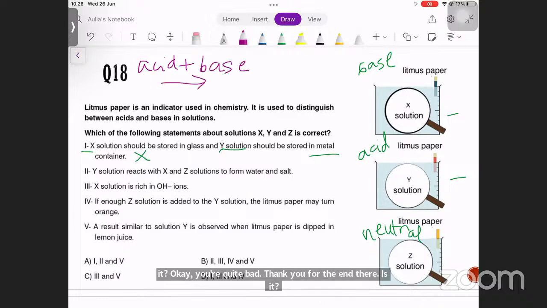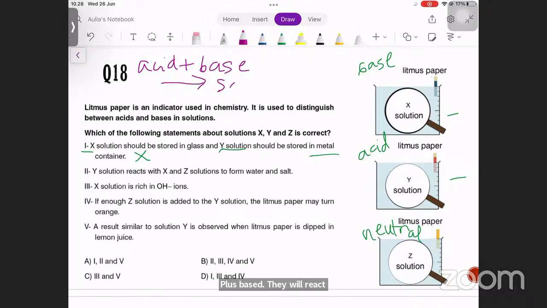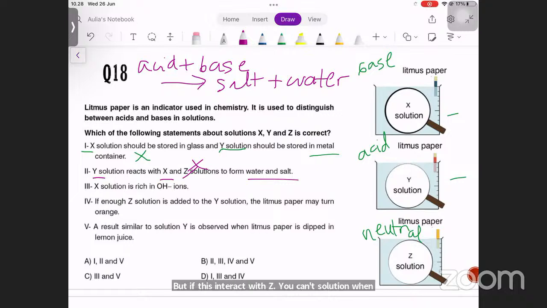They will react together to form salt plus water. So in terms of Y reacts with X will form water and salt, it is correct. But it is incorrect with Z. Neutral solution when reacts with acid will not produce water. So statement two is incorrect.